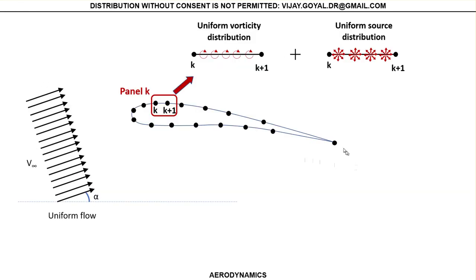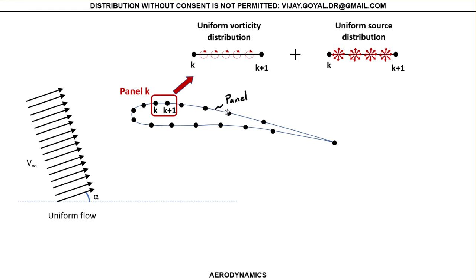If you consider the airfoil, and we are able to discretize the airfoil into a bunch of smaller parts, each one of these is a segment between one node and the other node. We call them panels.